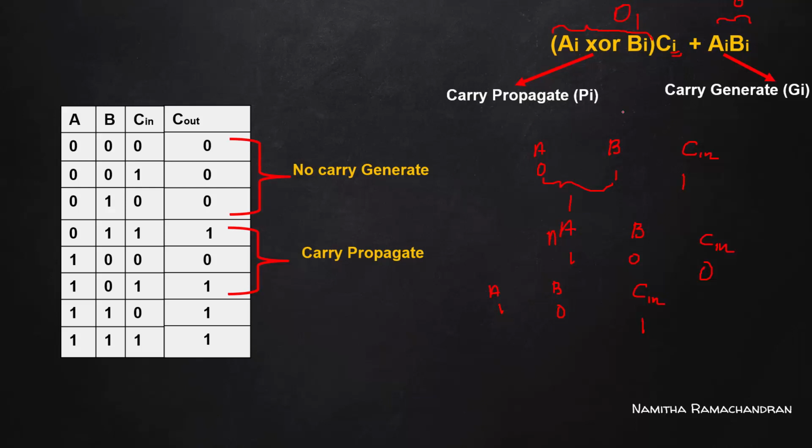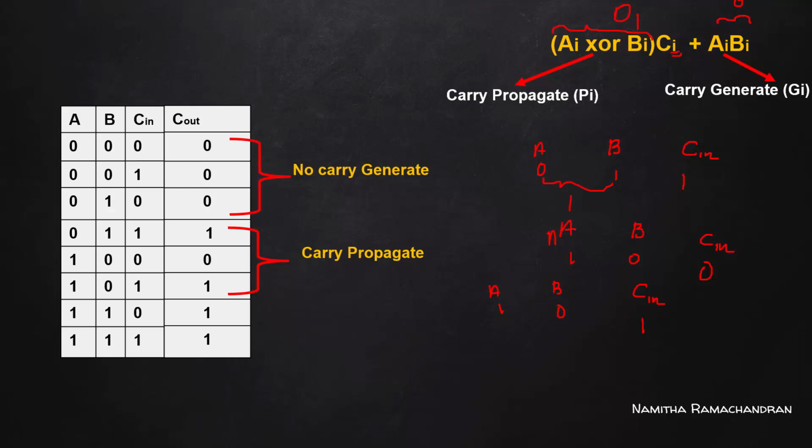So the generate term becomes 1 and 0, which is 0 only. But this term is 1. So the output becomes 1. That is, due to this term Ai XOR Bi equal to 1, it will propagate the carry value present here. Here carry is 1. That carry value is propagated to its carry output due to this propagate term equal to 1.